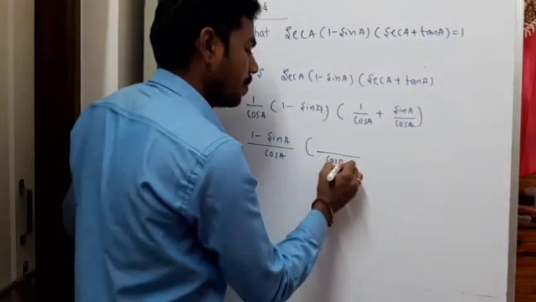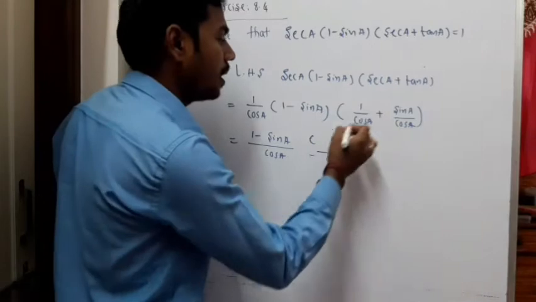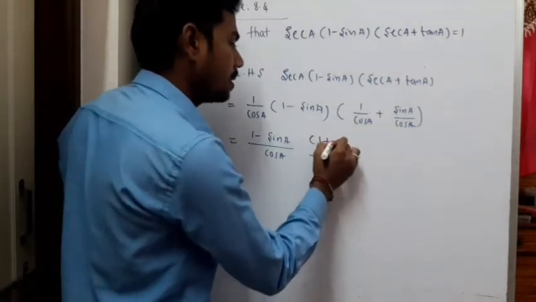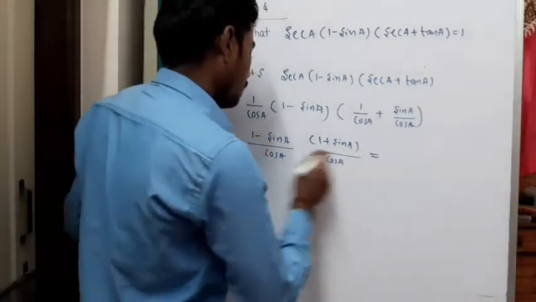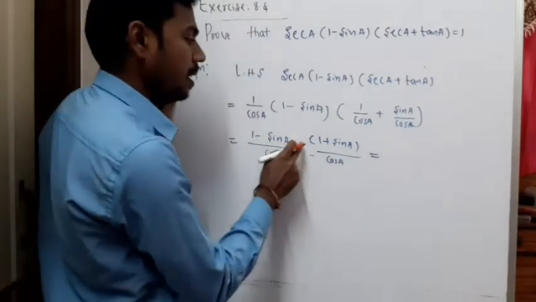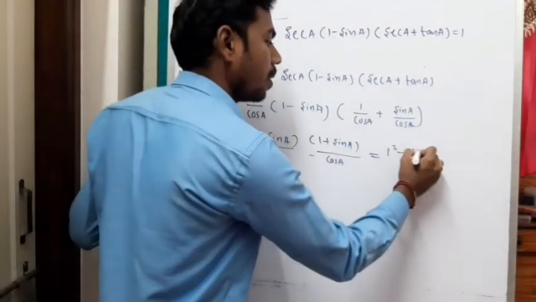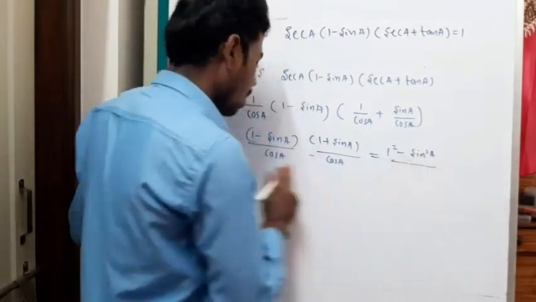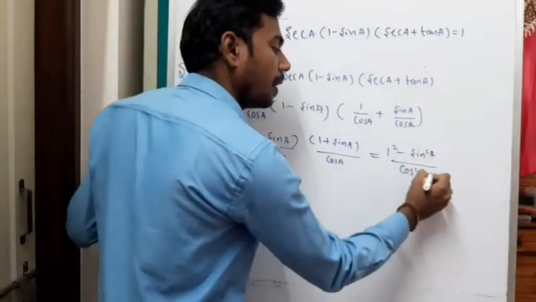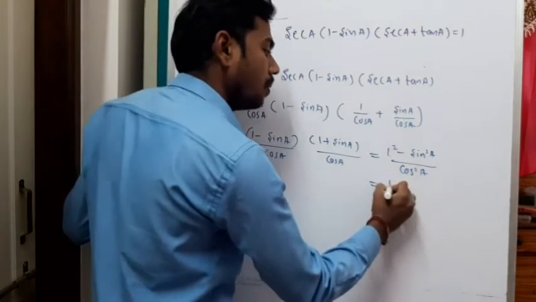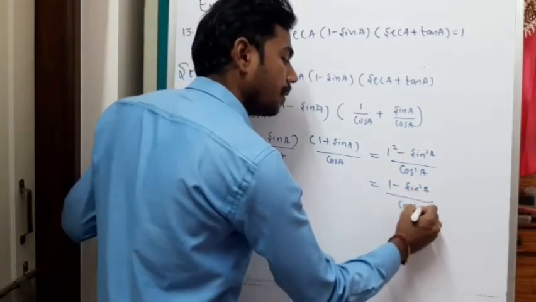Cos A is common, then LCM will be cos A. So what is there in the numerator we will write as it is, 1 plus sin A. So A plus B, A minus B, A square minus B square: 1 square minus sin square A, divided by cos A into cos A, which is nothing but cos square A. Fine. So 1 minus sin square A divided by cos square A.